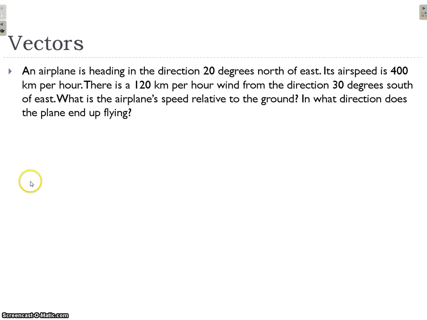When you read this question, let us highlight the important terms. First, there's an airplane flying in the direction of 20 degrees north of east with the airspeed of 400 km per hour.